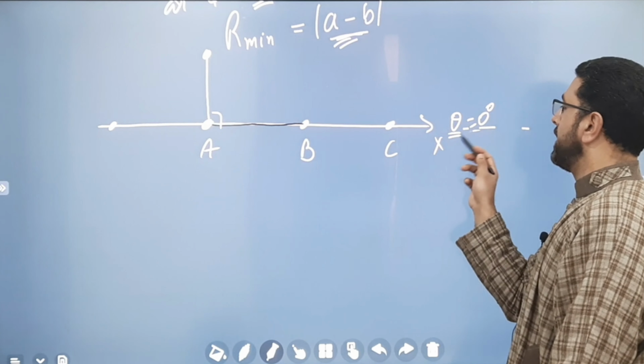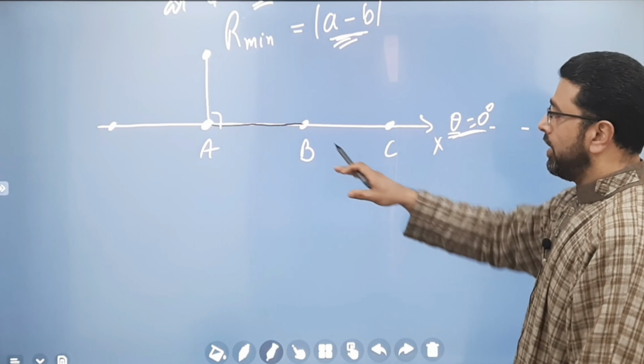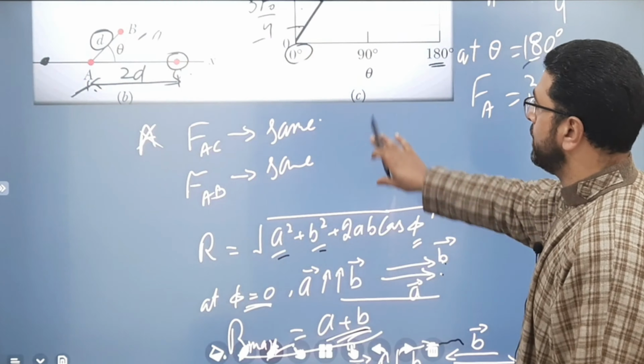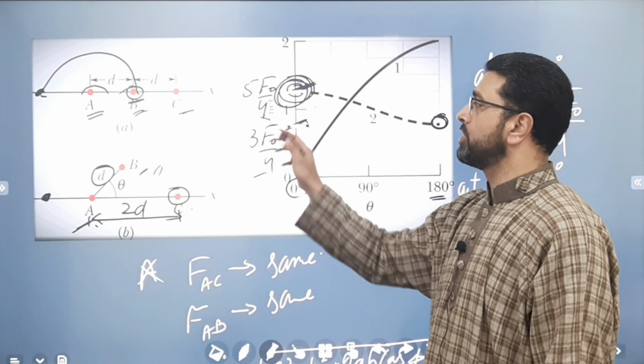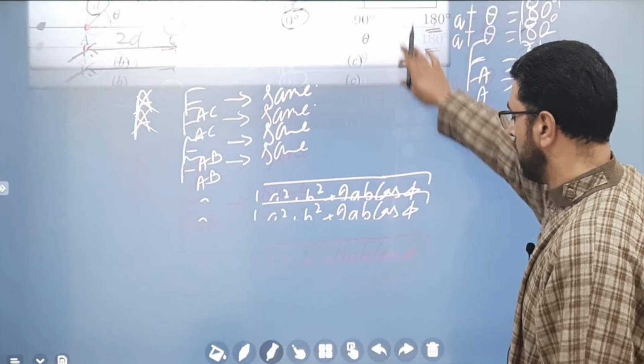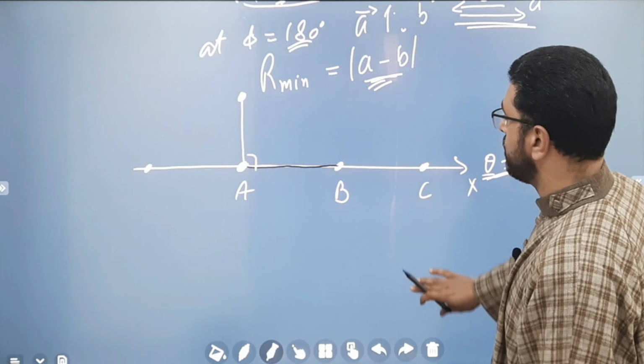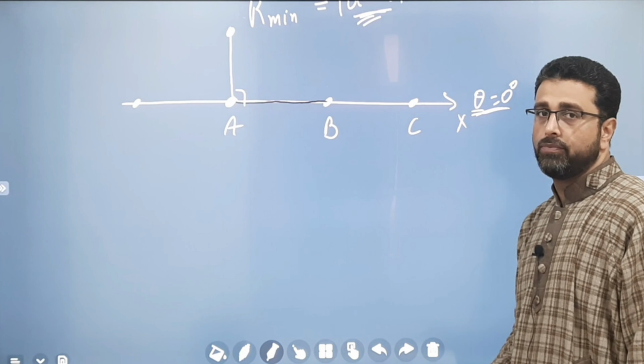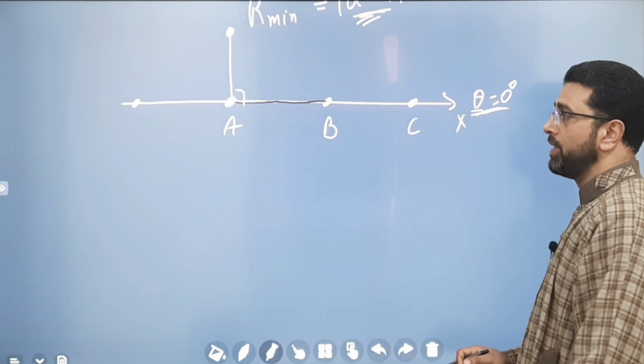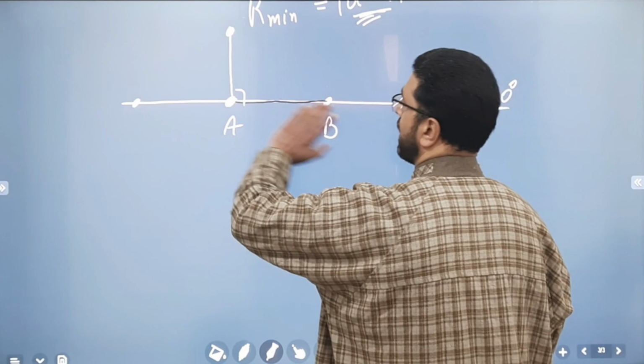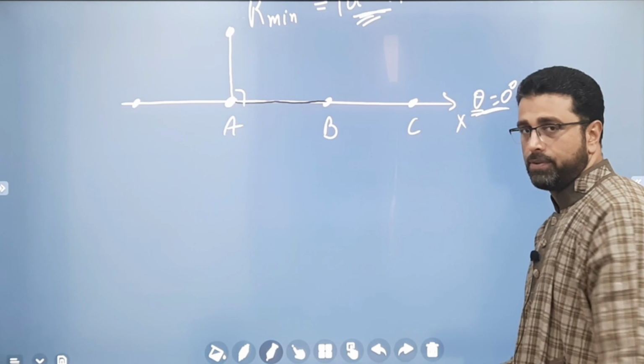So when B is here, meaning theta is equal to 90 degrees, the resultant of the two forces is maximum. The resultant of two forces is maximum, 5 times F0 by 4, meaning the two forces must be in the same direction. So either both of them are leftward or both of them are rightward.